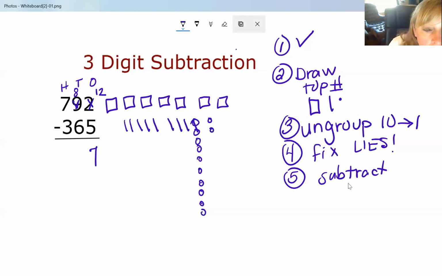We have 8 minus 6, 2, and then go ahead and subtract the 100. 7 minus 3 is 4. Okay, so let's see if we can do one more example.